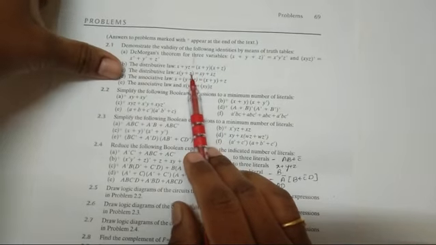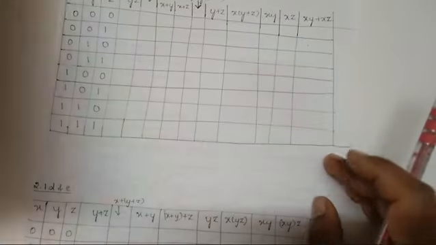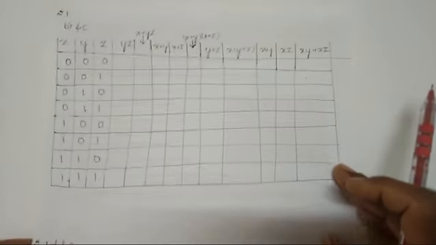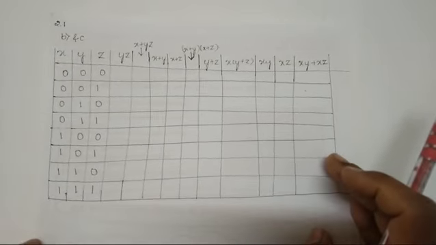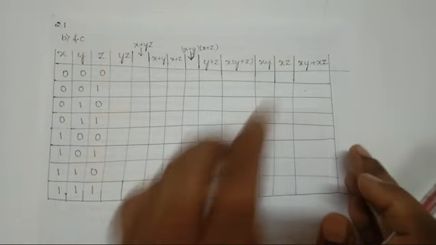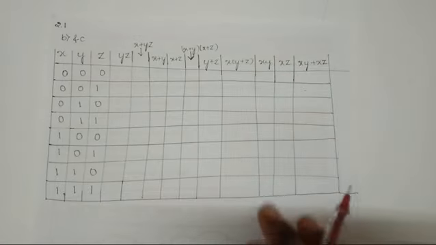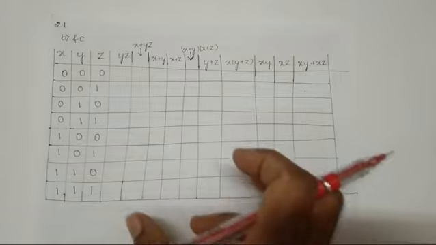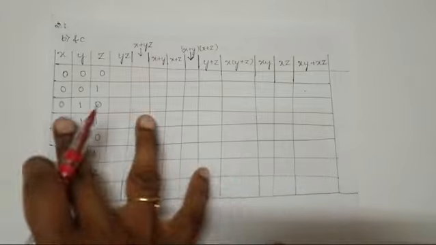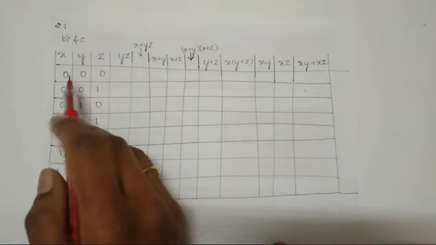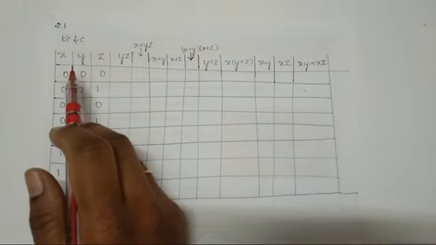So what I am doing is, to reduce the time of explanation and the time of writing, I have clubbed 2 and 3 and I am explaining in the same truth table. Okay, while solving, if they ask only one, okay, if they ask two also, you can do the same thing while answering.